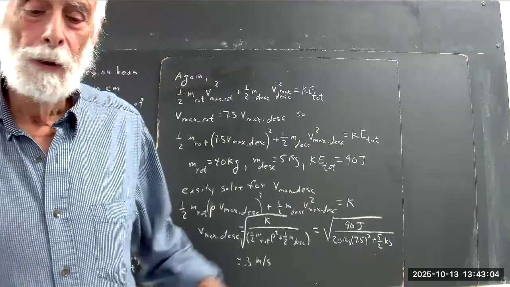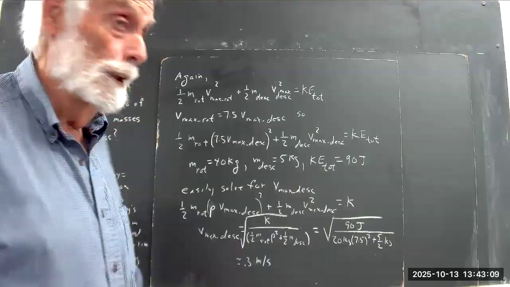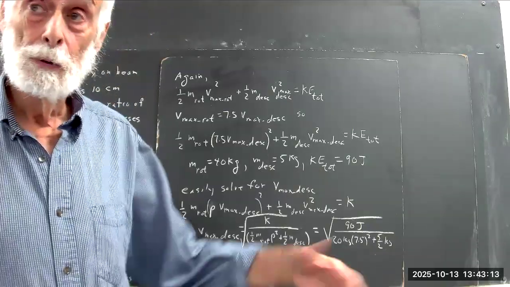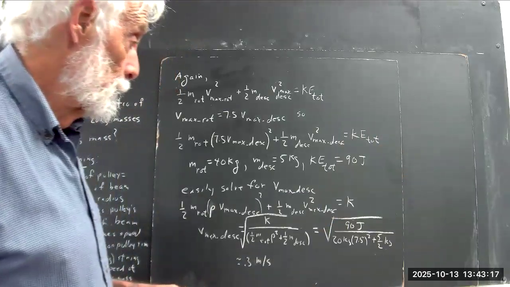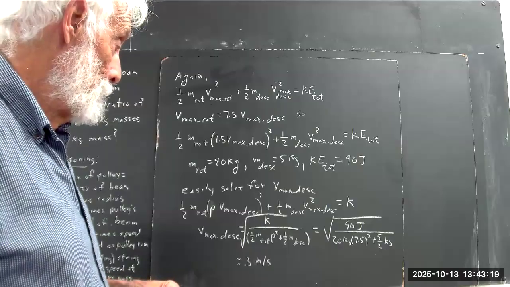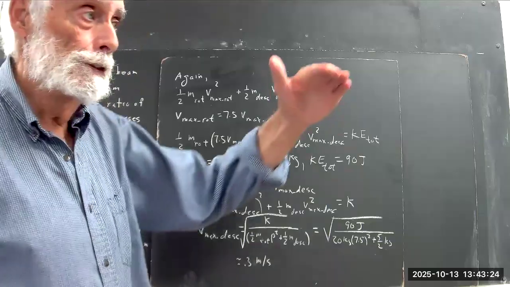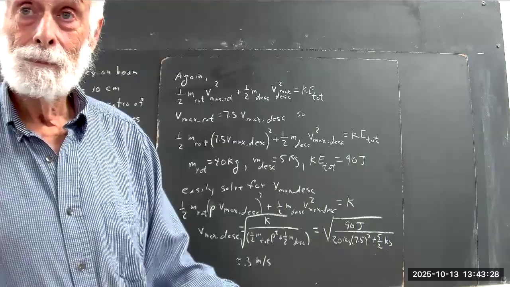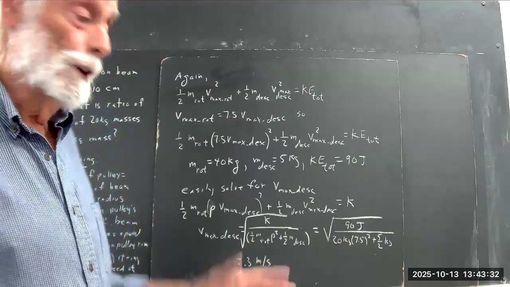Then you can ask the question, okay, how fast are those things rotating? Well, 7.5 times that comes out between 3 and 4, about 2.5 meters per second. So they're rotating pretty fast. That's how fast the 5 kilogram mass is moving downward at the end, if I did the calculations right in my head, and I think they're fairly right.